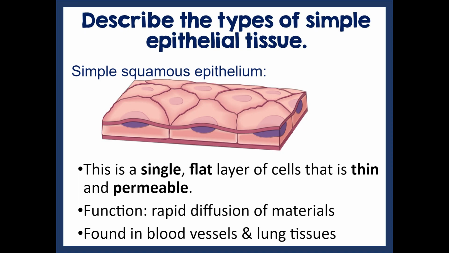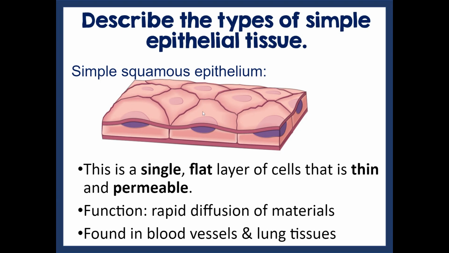And where would simple squamous epithelium be found? It's found in blood vessels and lung tissue. And think about that for a second. What's the connection between blood vessels and lung tissue? So when you breathe in, oxygen enters your lungs, but that oxygen is going to cross through the simple squamous epithelium very rapidly because the simple squamous epithelium is so thin and flat.